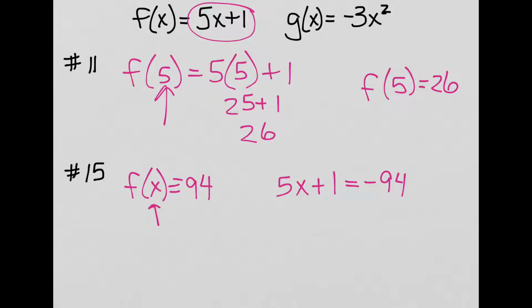So now we've got to solve that. If I were to subtract 1 from both sides, I'm going to get that 5x equals negative 95. Divide both sides by 5, and x equals negative 19. So when this function equals negative 94, x equals negative 19.